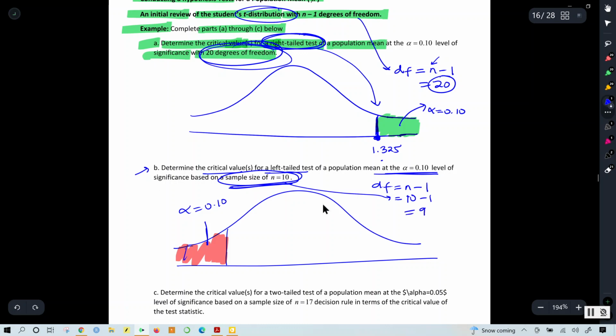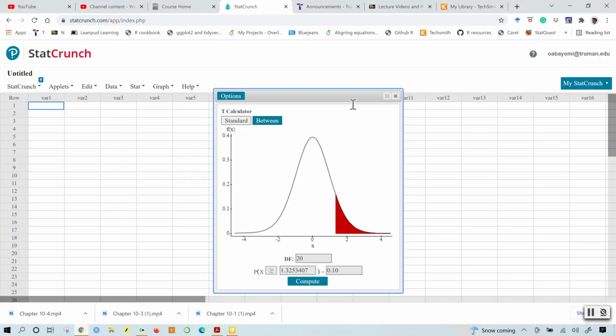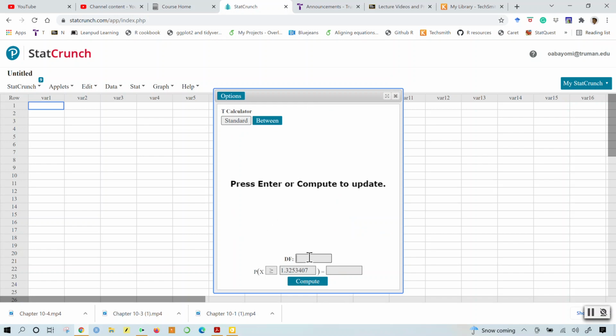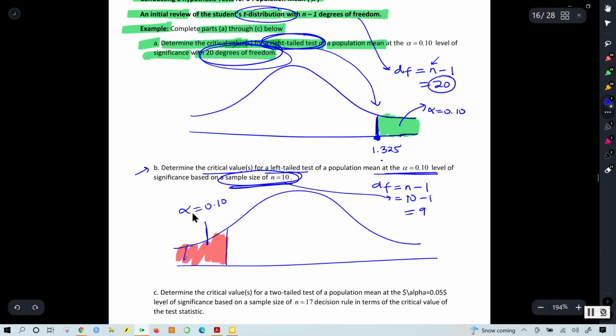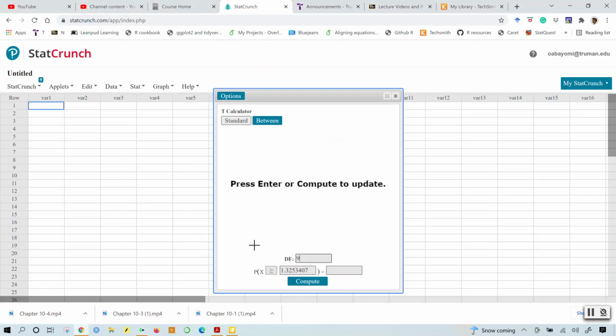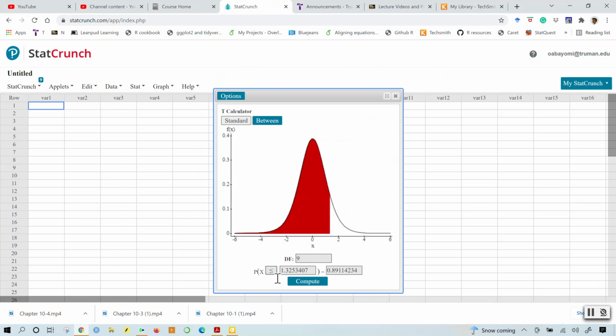So I'm ready to go back to StatCrunch. And this time, I want my degrees of freedom to be 9 based on my computation. And I want it to be on the left, which is less than. Okay, so I am going to choose less than this time.